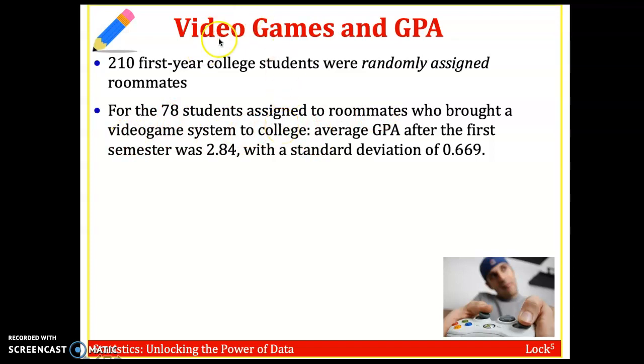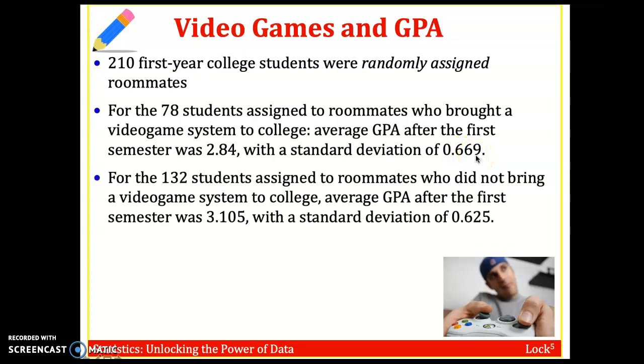So we're looking at whether having a video game system in your dorm room affects GPA. The average GPA after the first semester was 2.84, and the standard deviation was 0.669. For the other 132 students, the rest of the sample of 210, they were assigned to roommates who did not bring a video game system to college.